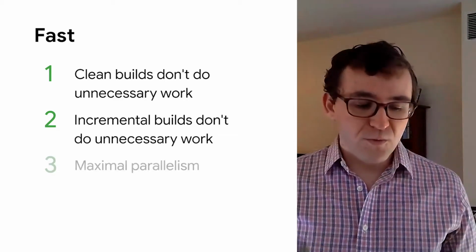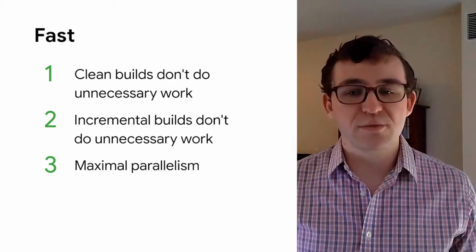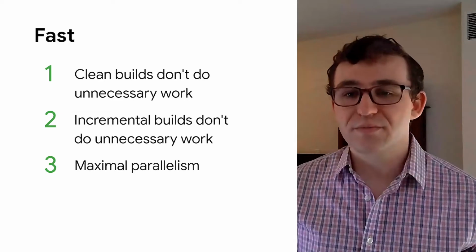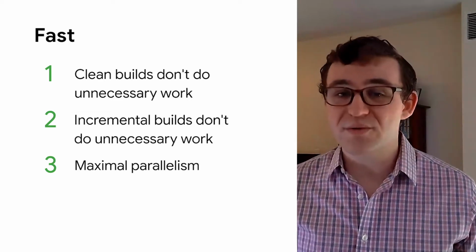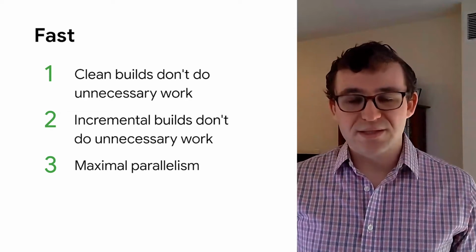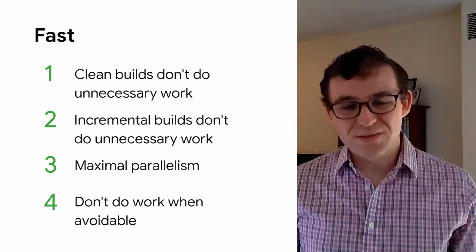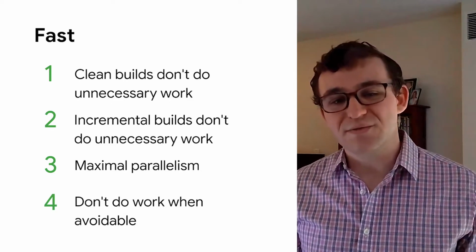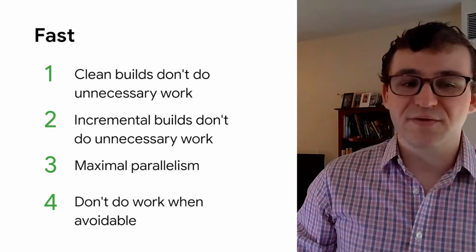And you want to be able to use all the cores available on your machine, or even better, on someone else's machine that you're able to run compute on. And last, but certainly not least, like any good programmer, you just don't want to do work when it's avoidable. Don't run things that don't need to be run to finish the build.